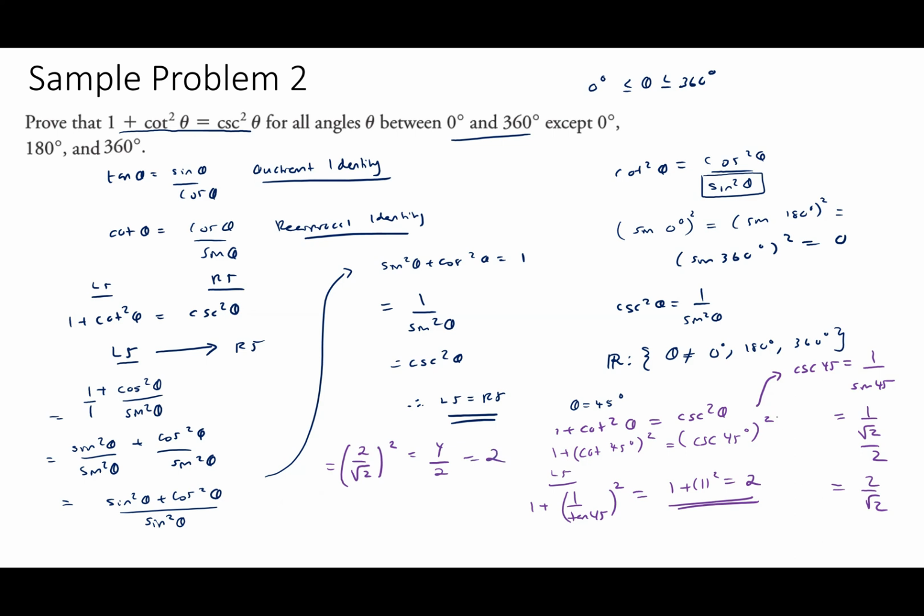So you can actually see that the right side is also equal to 2. So this identity actually works. The only scenarios where it doesn't work is where there are restrictions, so these values 0, 180, and 360. So hopefully you can appreciate that and understand that.